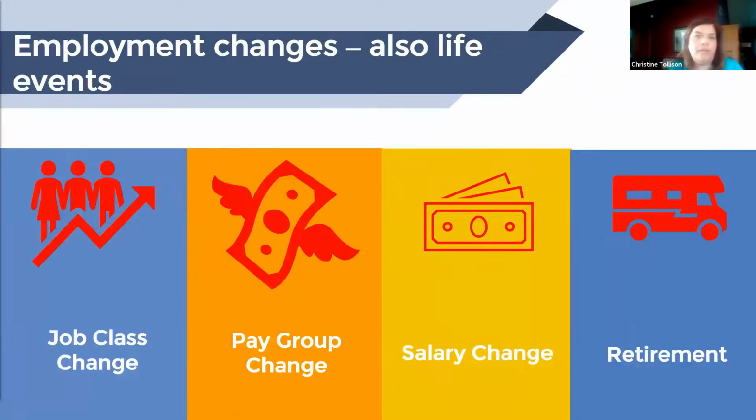Those would all be job classes. So if someone is moving from a part-time position where they are not eligible for benefits to a full-time position that offers benefits, or maybe they're moving from a classified position where rates might be a little more expensive or different than a certified position, any type of change like that where they're moving from one eligible class to another would be considered a job class change.